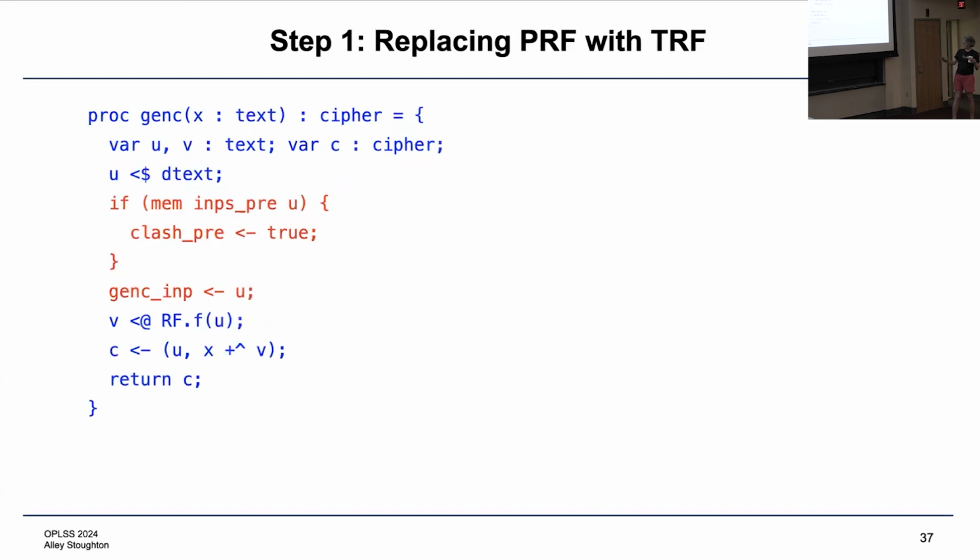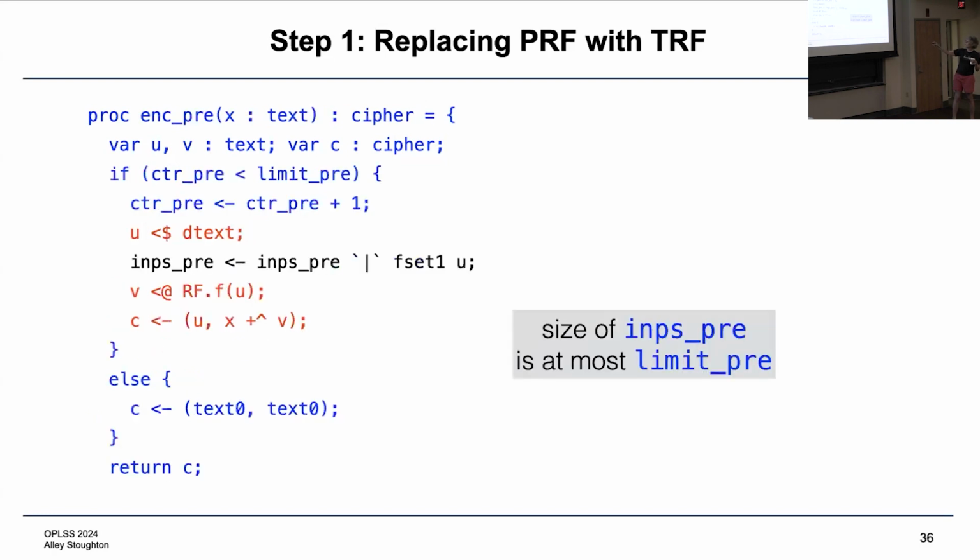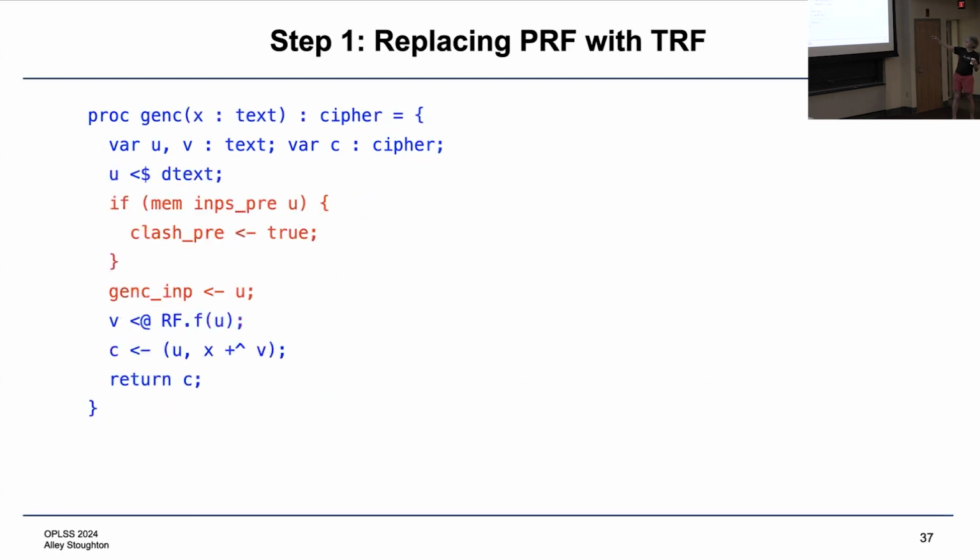The game's encryption. Here we're inlining again. We pick the random U. If U happens to be one of the ones that already came up and was recorded here, then we mark this Boolean to say, oh, this bad thing happened: a clash with the U's in pre just happened. We hope that won't happen.